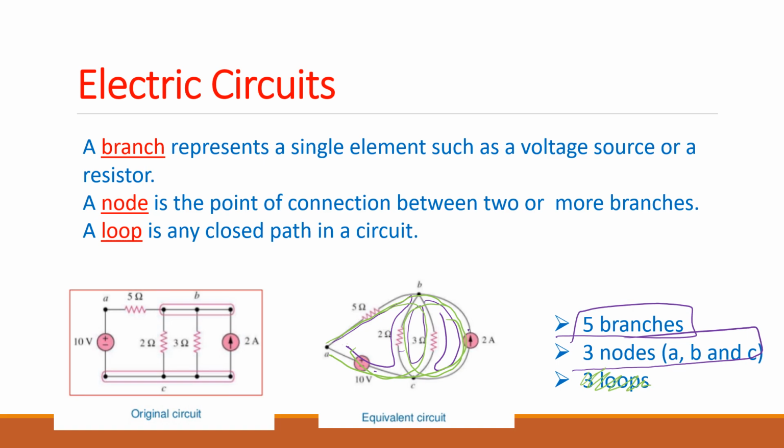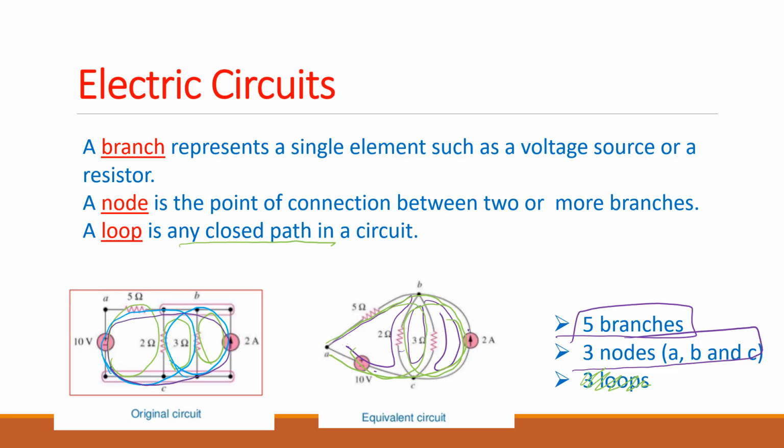When we talk about meshes, I will explain the difference between a loop and a mesh. A loop can be any closed path. So here we can have 1 loop, 2, 3, and also we can consider this as a loop, this as a loop. And also we can consider this whole thing as a loop as well.